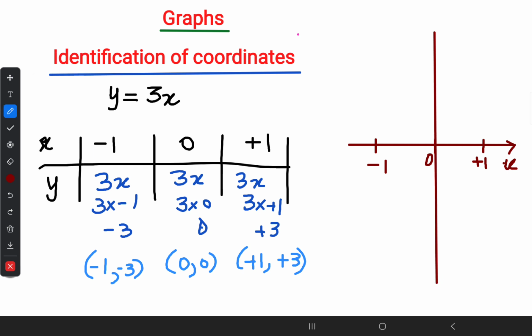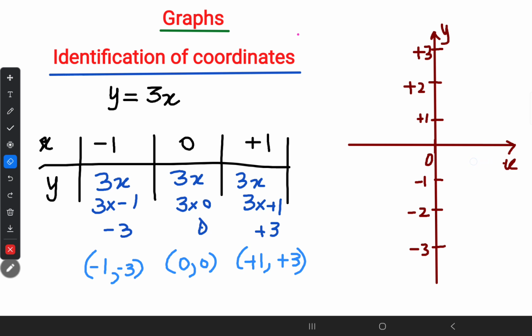Starting from -3, that means below here -3, -2, -1, +1, +2, and +3. This would be our y-axis. Okay, that's all about planning and execution of the axes. It is -1 and here +1.